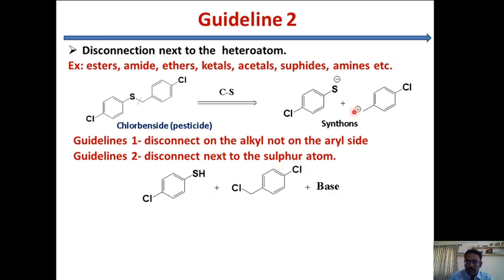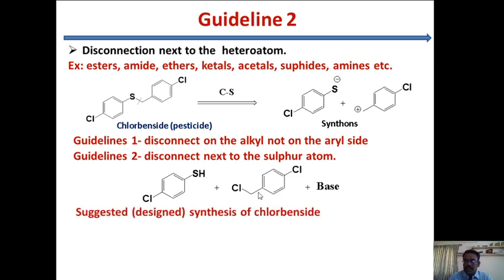Here, whenever you have a cation, you can have a leaving group. Suppose you have chlorine, so this you can take as a synthetic equivalent for this synthon. Then you should have a base, because the base will abstract the proton to generate the anion. Once the anion is generated, you can easily make the substitution with this molecule. Once you finish this retrosynthetic analysis, you have to go for the forward synthesis.